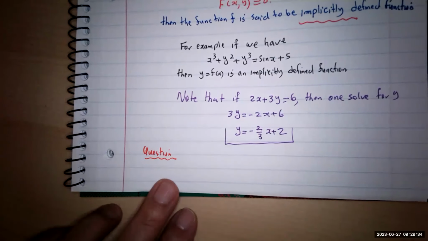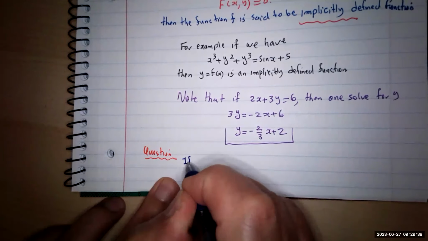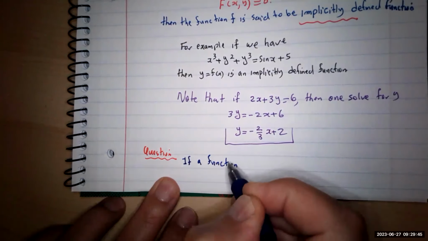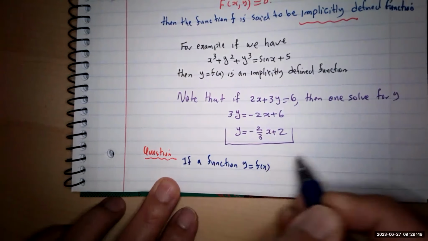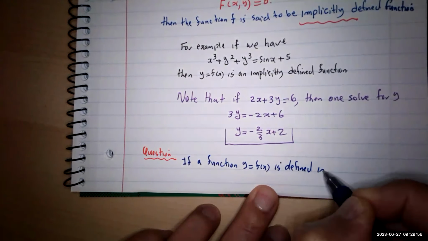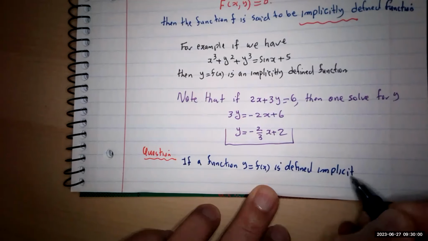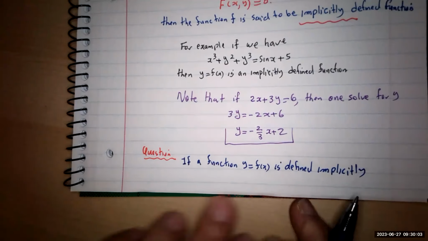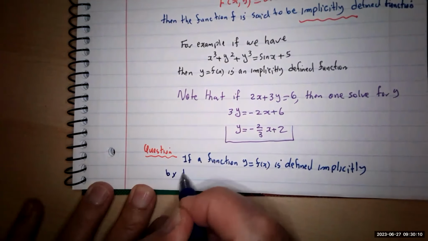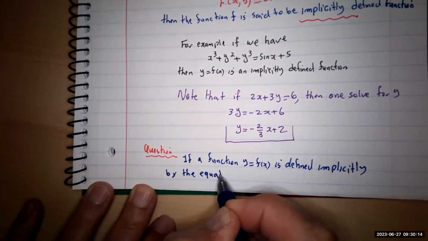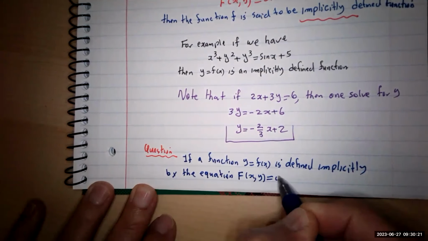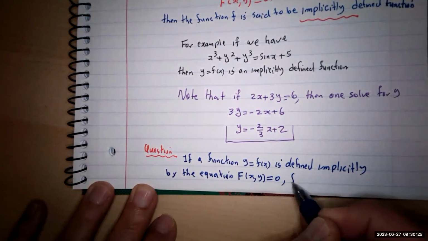Okay, so the question is, if a function y equal to f of x is defined or given to you implicitly, means it's inside an equation, by the equation f of x comma y equal to 0, means a combination of x and y, the question is going to be: find y prime.